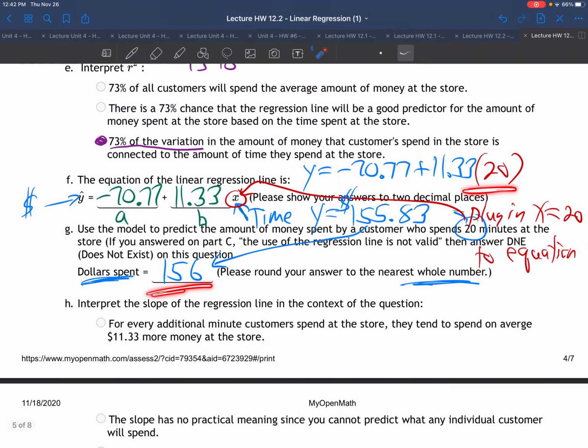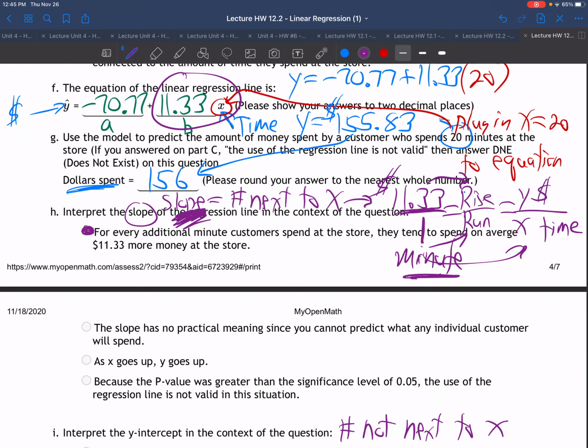What's the y-intercept? Well, the y-intercept is the number not next to x. It's the number not next to x. So what is that in this case?